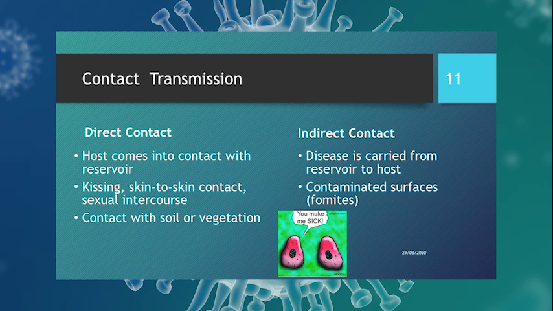With indirect contact, maybe I sneezed, and then I touched something like the phone. And then somebody came along later and used the same phone that I touched, because the phone has not been cleaned. As they touch the phone, it acts as what we call a fomite, because the organism is on the phone, and they have picked up that organism through touching the phone. So that's the example of indirect contact.